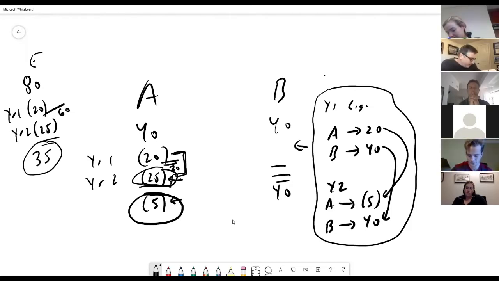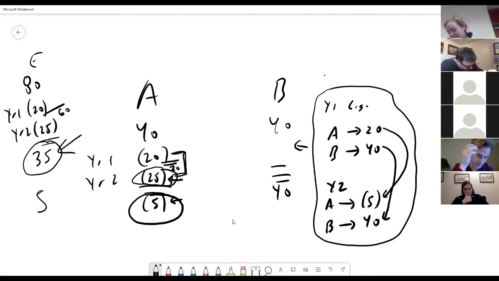Does this make sense? Yes, it does. Again, the year 1 liquidation hasn't changed. What happens when we liquidate in year 2? At the end of year 2, they sell the equipment for 35. A is going to contribute the 5 of capital, satisfying the promissory note.